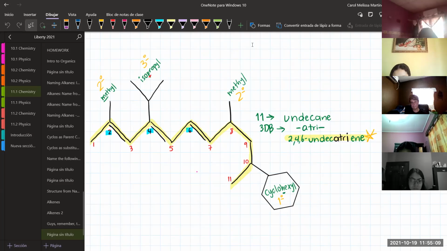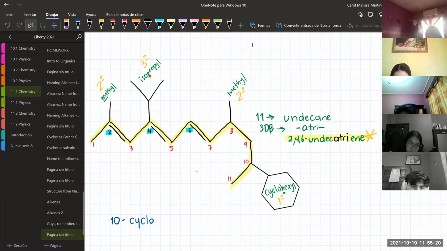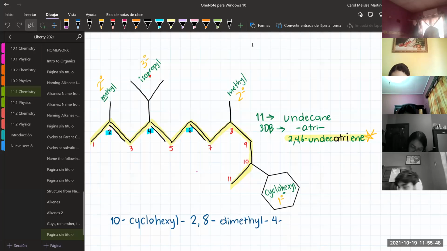So now all we need to do is form the name. So we say 5-cyclohexyl. Then we continue with methyl alphabetically, 2 and 8. Okay, not 8, 2. It's 2, 8 in ascending order. 2,8-dimethyl. Then we continue with isopropyl, which is in position 4.